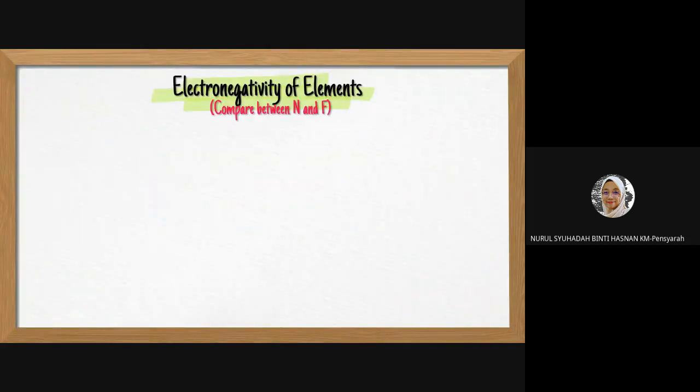So, usually untuk hydrogen bond, electronegativity of elements. Dekat sini kita compare between nitrogen and fluorine. Example saya ada HF dengan NH3. Selalunya untuk hydrogen bond, kita akan bincangkan tiga molekul.